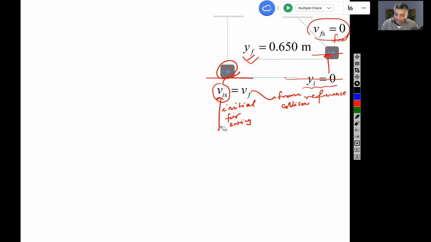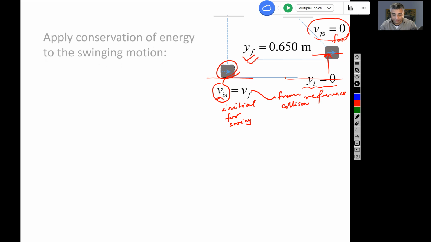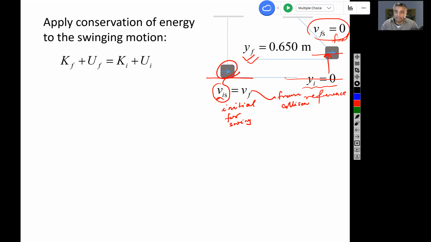So after that, we are ready to use conservation of energy, okay? Total final energy, or E F, is equal to E I. Here, this E means just mechanical energy, okay? So for the swinging part, what's happening? After it starts swinging, it's not colliding with anything like that.